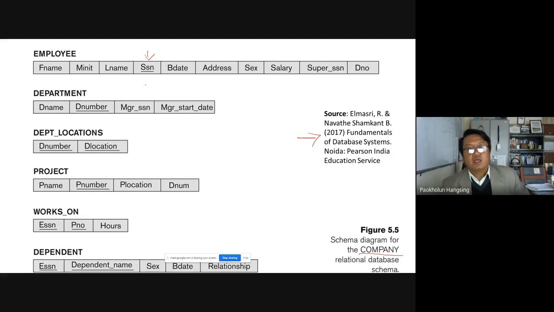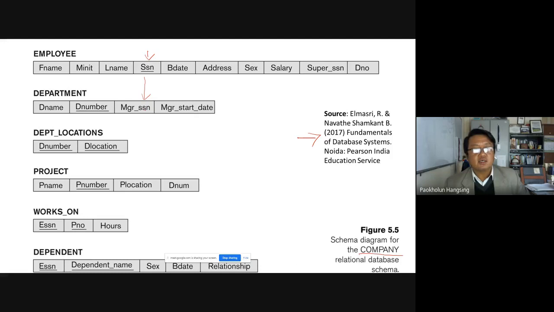Now, if you look at this, we have other primary keys as well. Here, this manager social security number is the same as this one, but the attribute name here is SSN, while here it is MGR underscore SSN.